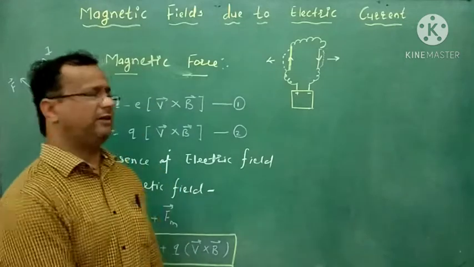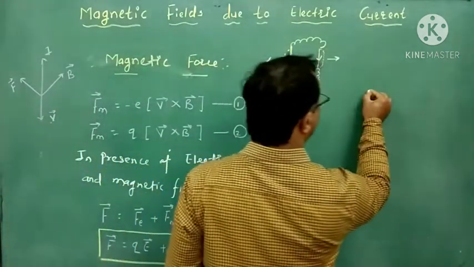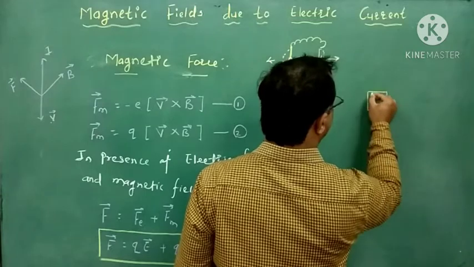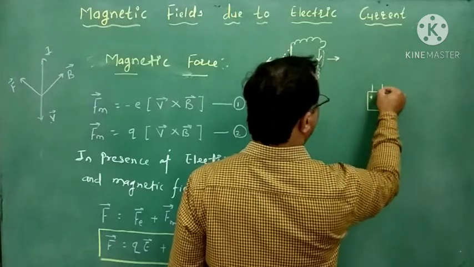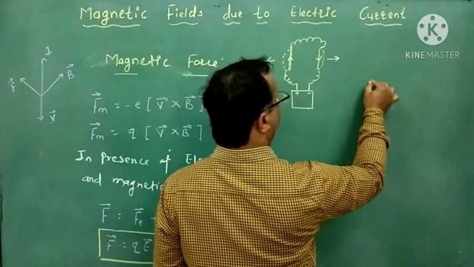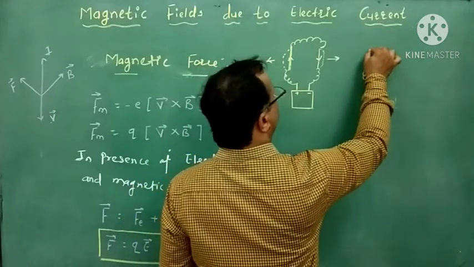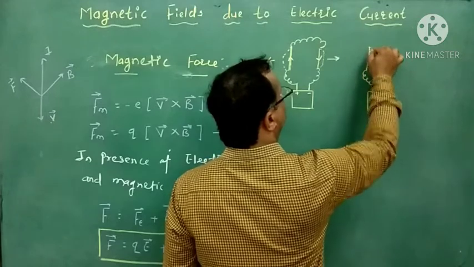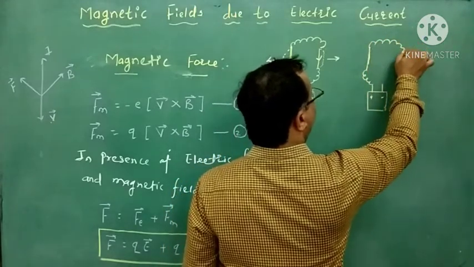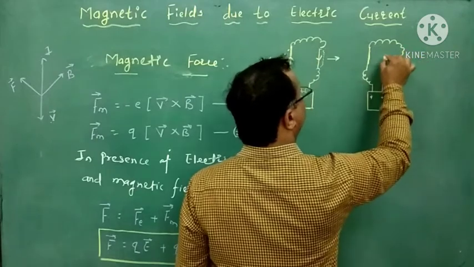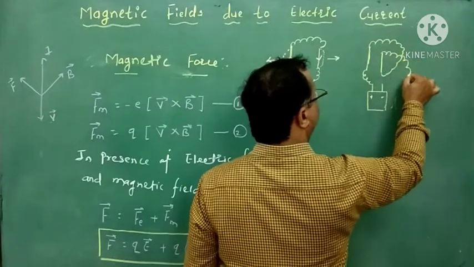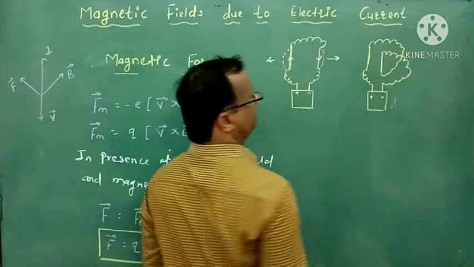But suppose here, if you take the conductor just like this one, this will be the battery, this will be the positive terminal, this will be the negative one, right? Now here, suppose this will be the first conductor, just like this one.